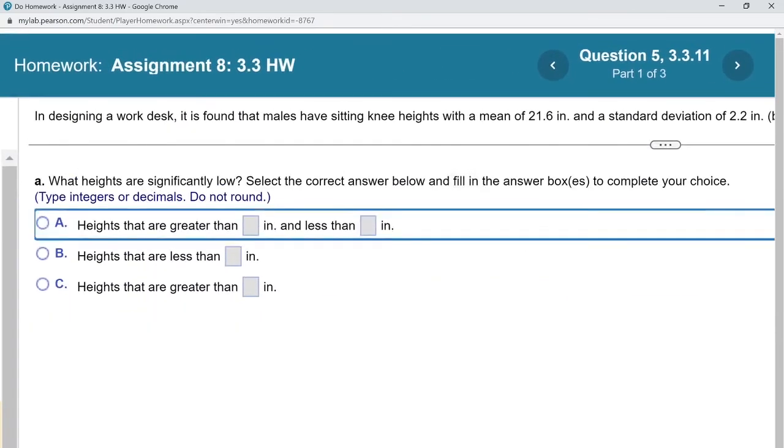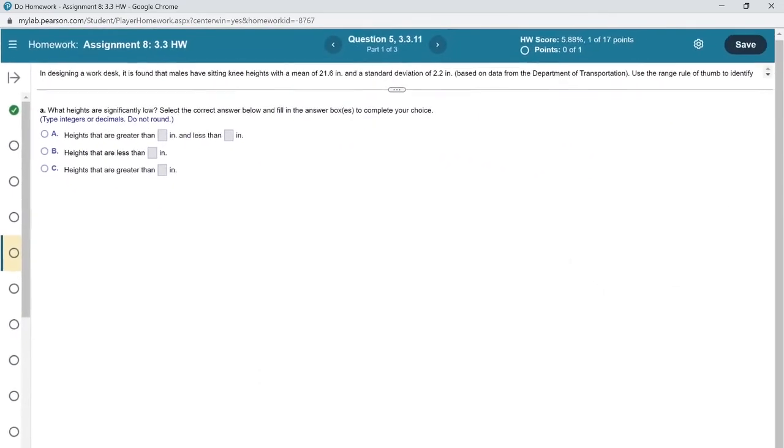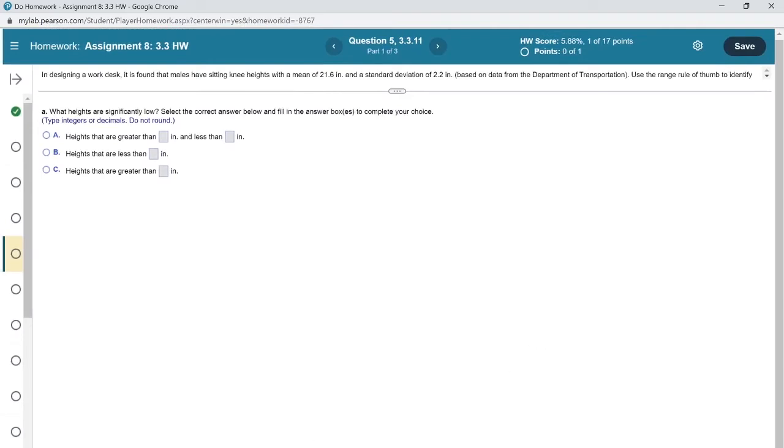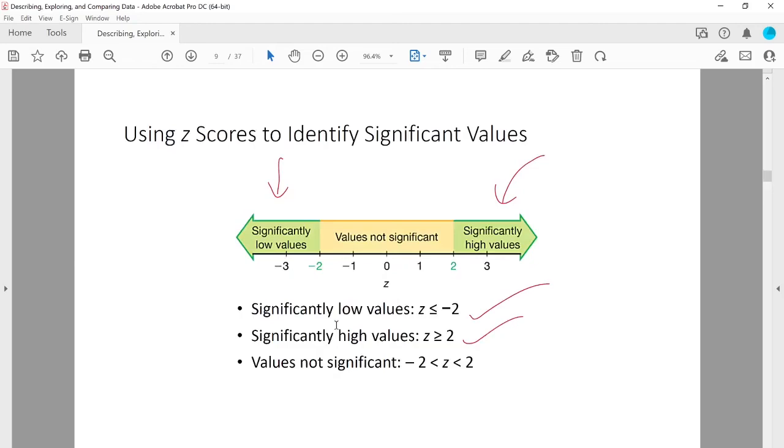So for finding this information, let's go back to that significance rule chart here. If your z-score is greater than 2, that means significantly high. If the z-score is less than -2, that is significantly low. Anything in between is not significant.